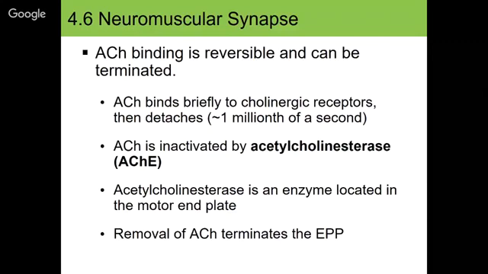It binds very quickly, and apparently it takes about 1/1,000,000th of a second. I struggle to think about dividing a second into 1,000,000 parts, but anyway, this is how quickly these acetylcholine molecules bind and detach from these receptors. So it's very quick.